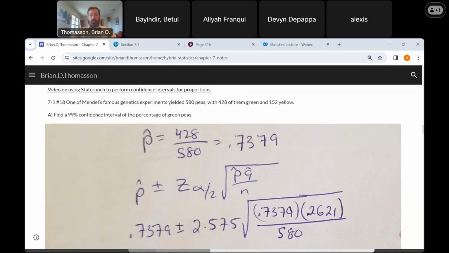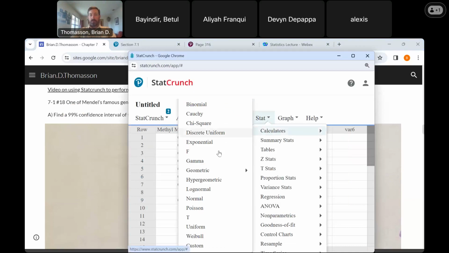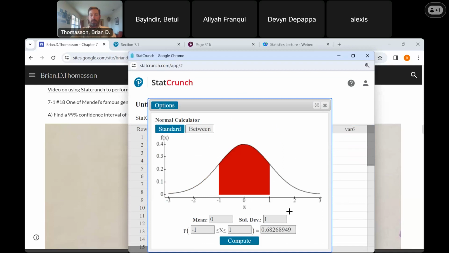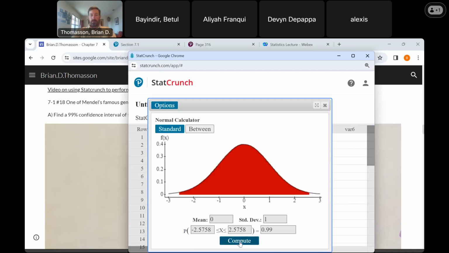You don't need to do this for this problem, but I'll show you how to find that value in StatCrunch. It's under Calculators and Normal, just as we did before. We go Between, and in that bottom right box, we enter in the 99%. Okay, so there's the 2.575.